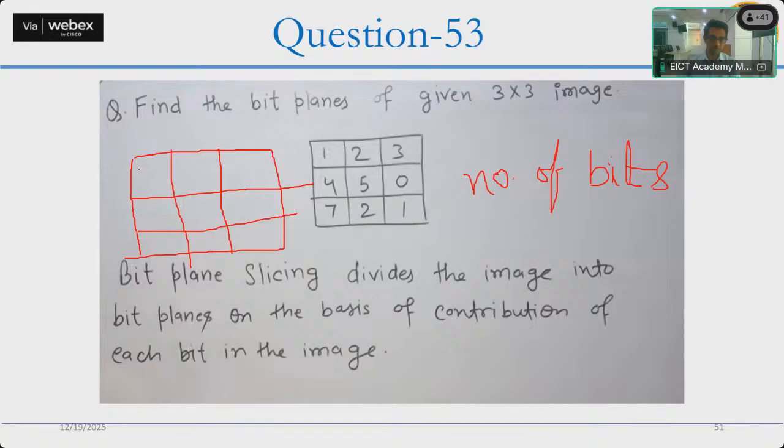What we can write here, one is basically 0, 0, 1. This is 0, 1, 0. This is 1, 1.